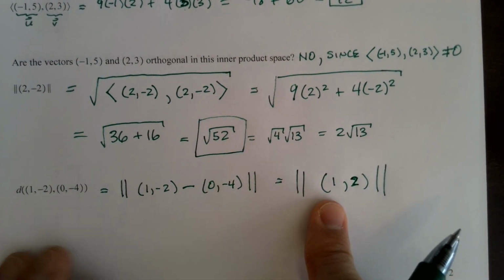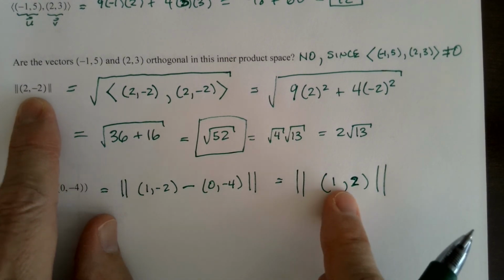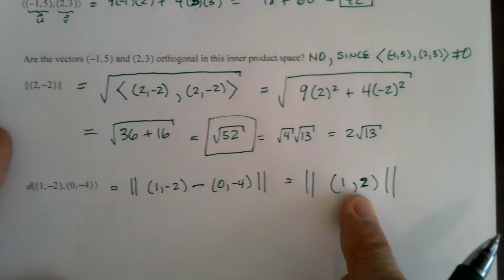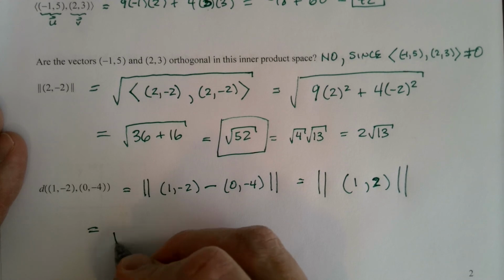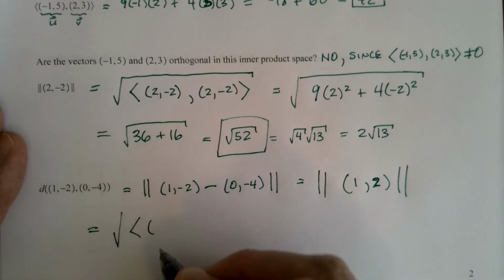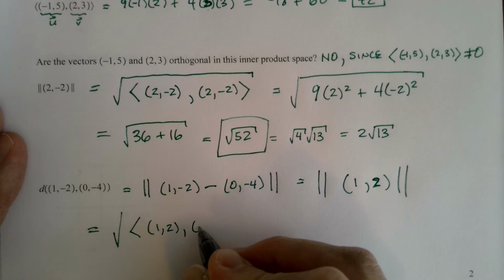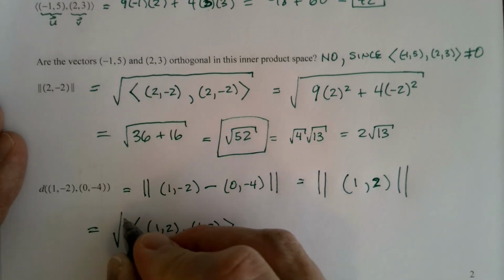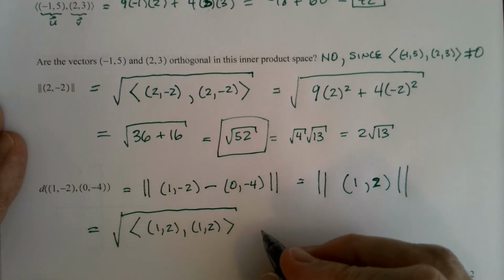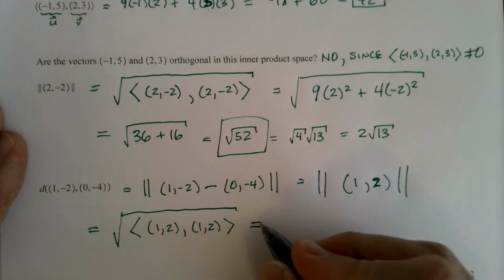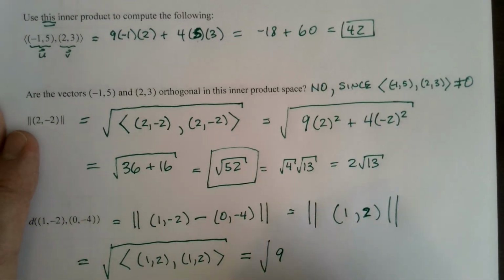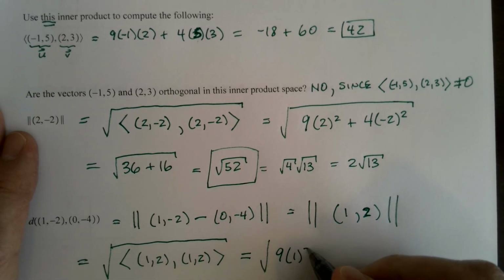So now I'm going back to the problem I just did. Instead of finding the norm of 2, negative 2, I'm finding the norm of 1, comma 2. So it's the same thing. It's the square root of the inner product of this vector with itself. Which again, using this inner product, 9u1v1 plus 4u2v2 is 9, right? 1 times 1, or 1 squared, plus 4, 2 times 2, 2 squared.